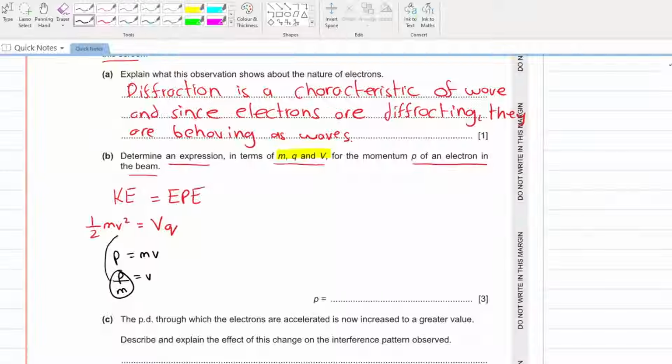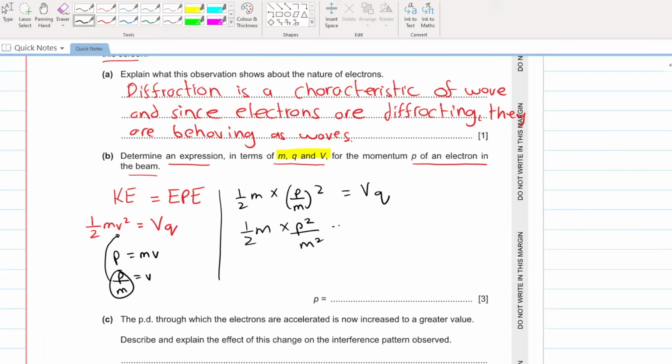Substitute this here: 1 upon 2 m into momentum square upon m square is equal to Vq. The m cancels out. Momentum is equal to the square root of 2mVq, is your answer. Simple, nothing complicated. Literally the easiest question. You just have to show the derivation.